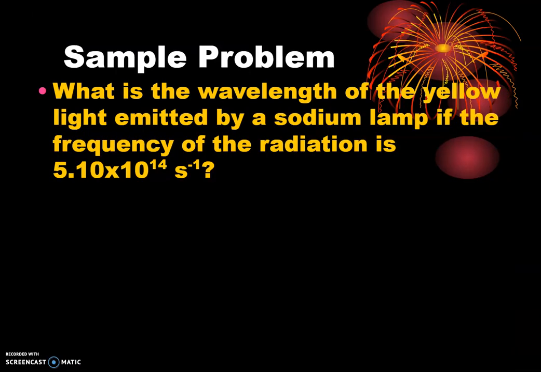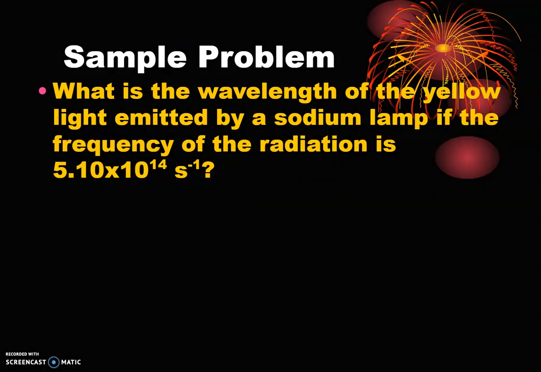All right, so let's take a look at a sample problem. It says, what is the wavelength of a yellow light emitted by a sodium lamp? And yes, that's why street lamps are yellow, because they use sodium inside their filaments. It has a frequency of radiation of 5 times 10 to the 14th reciprocal seconds.